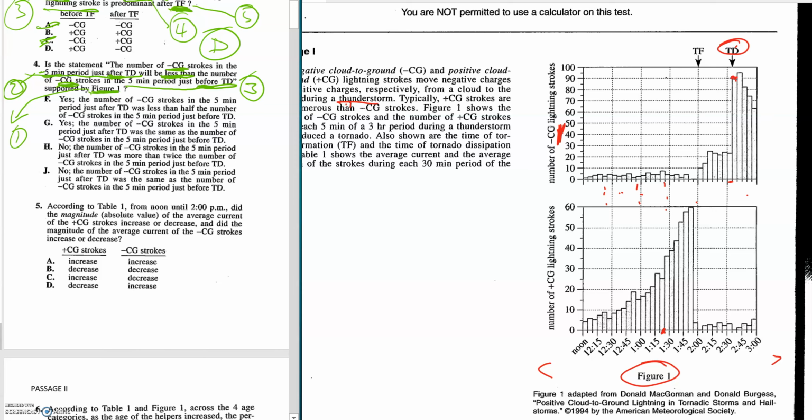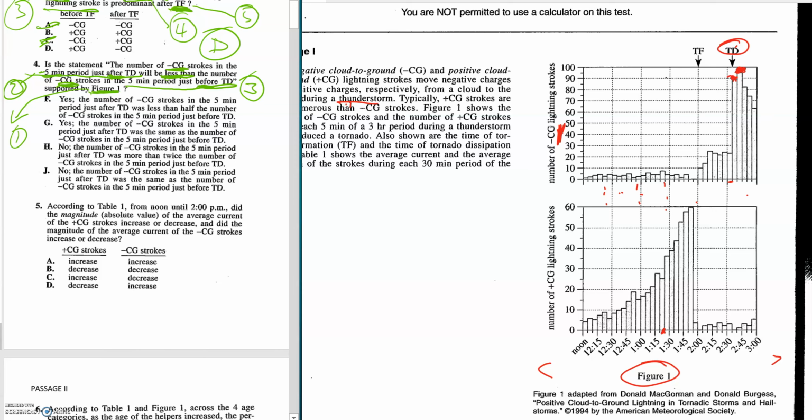So this is TD, and this is 5 minutes after, and it's the biggest block. It's about 95. So just after will be less than, so that's no, it's not, because this is the highest block there is. The 5 minutes just after is very high, will be less than the number of negative CG strokes in the 5-minute period just before.